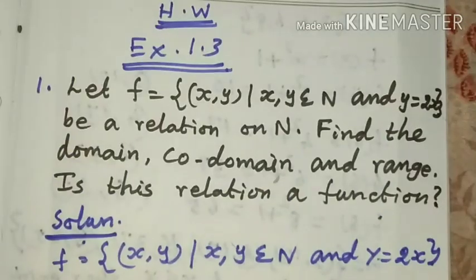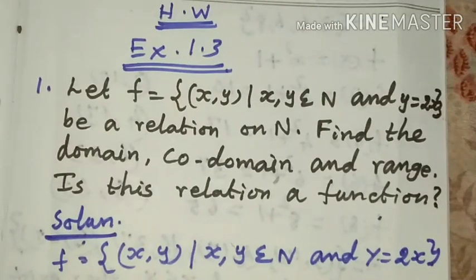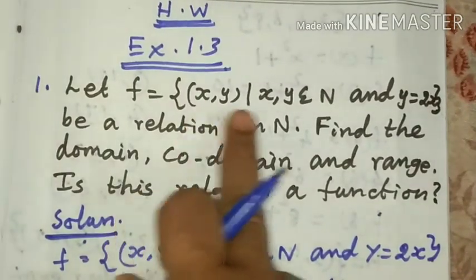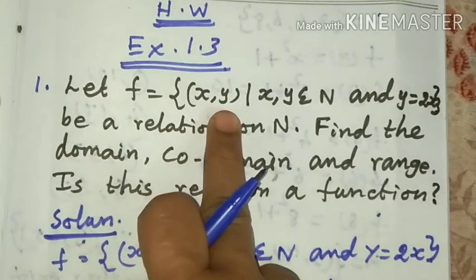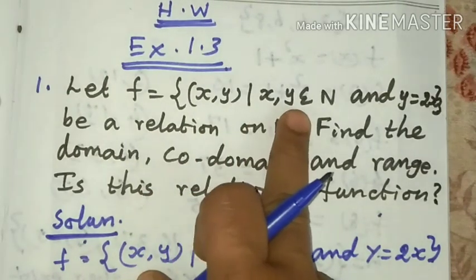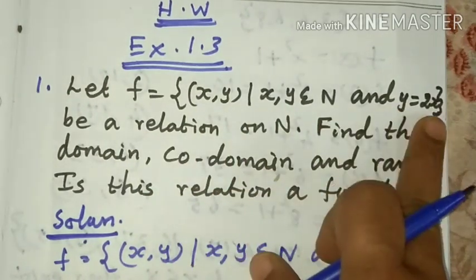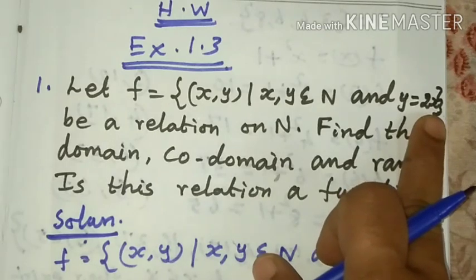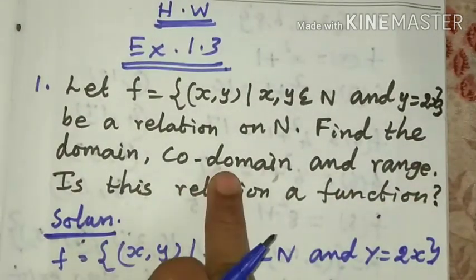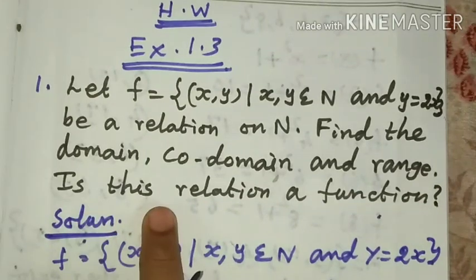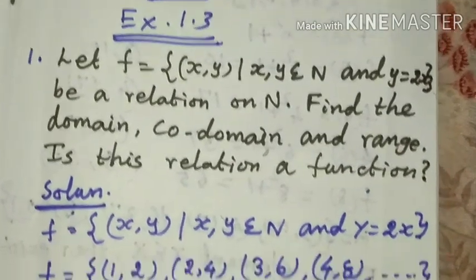Solution. In this question, the relation's ordered pairs are given in set builder form, that is x comma y such that x comma y belongs to natural numbers, y equal to 2x. Then we have to find the domain, codomain and range, and we have to check whether it is a function or not.